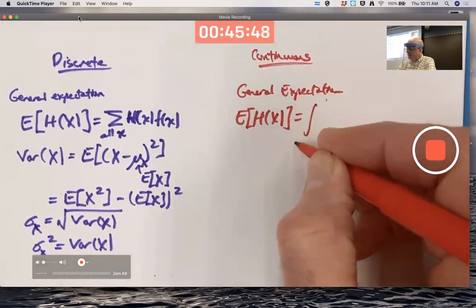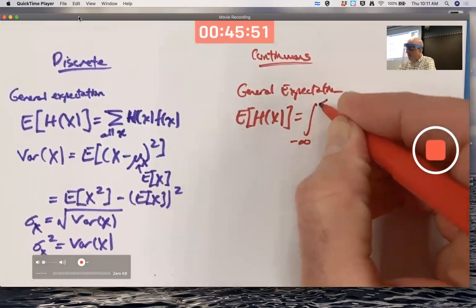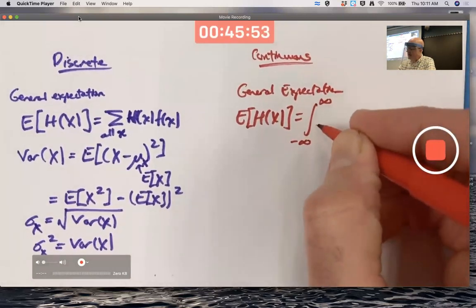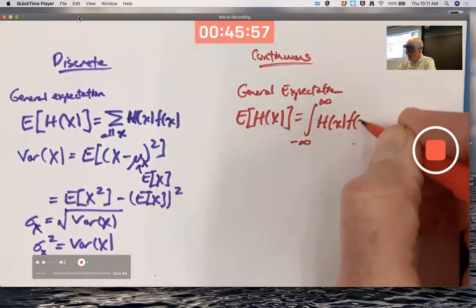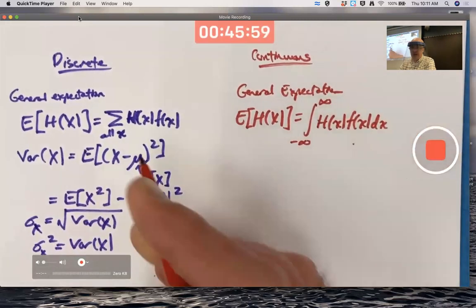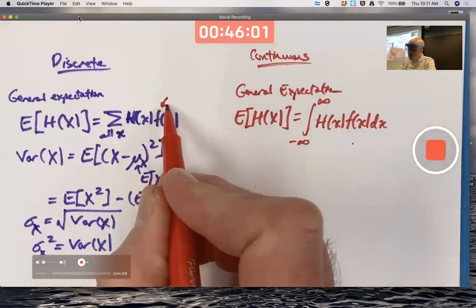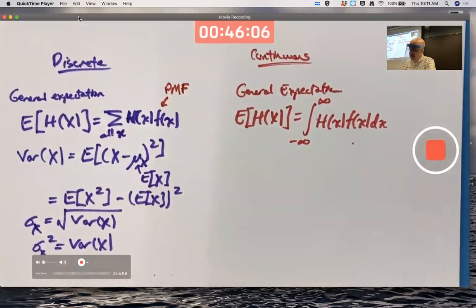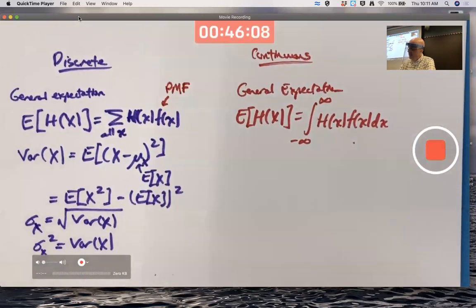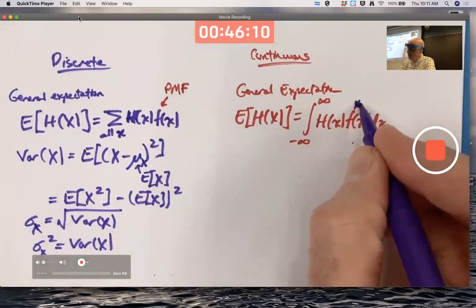You compute it as an integral. And all x can be represented by minus infinity to infinity. H of x times the PDF. Back in the discrete case, that's a PMF. In the continuous case, this is a PDF.